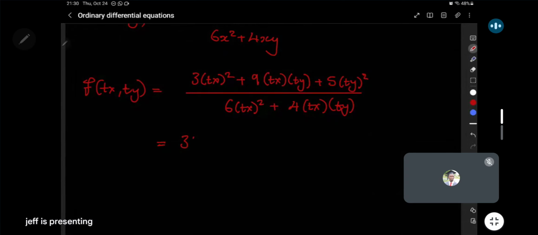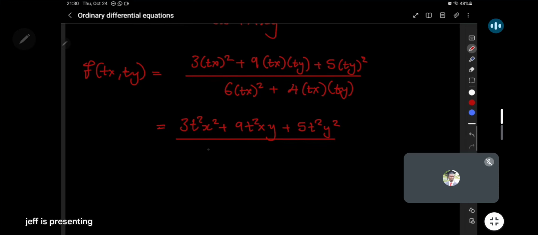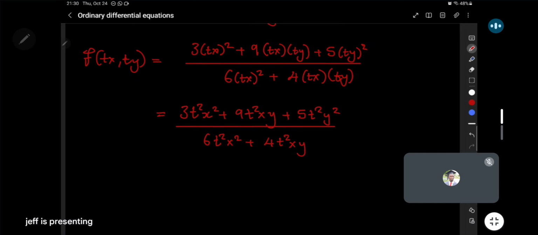This will be 3t squared x squared, plus 9 t squared xy, t squared because you have this t here and that t, plus 5t squared y squared. In the denominator, you have 6t squared x squared plus 4t squared xy. So this is where we are now. When you observe, you see that t squared can be factored out from all the terms in the numerator.